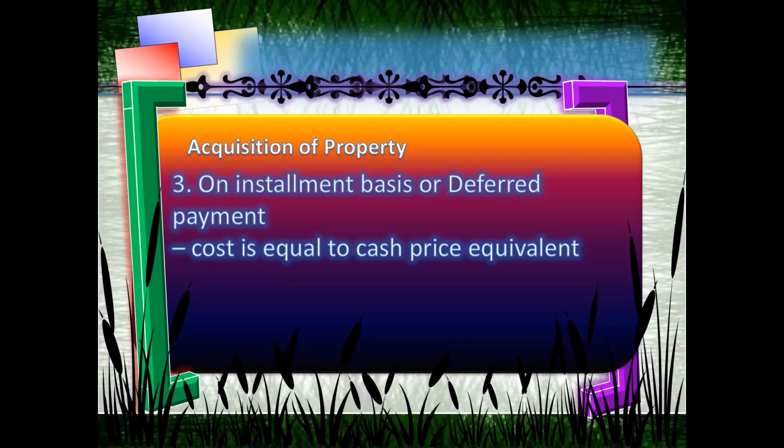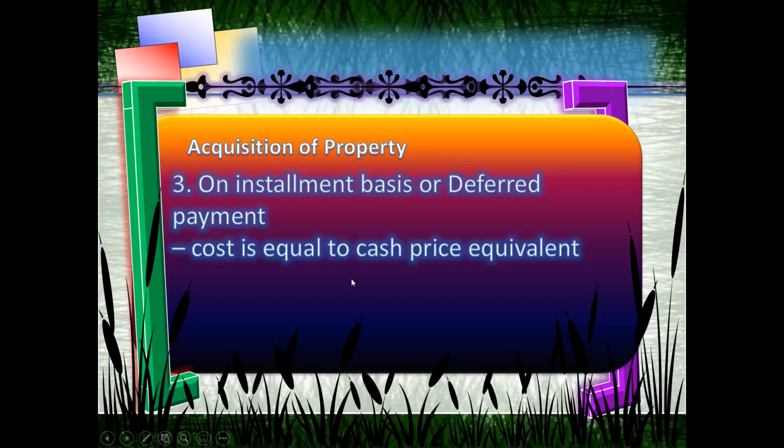Di ba class, pag installment, say for example, sa appliance center, iba yung presyo pag spot cash. Pag spot cash yan, most probably mas mura as compared to aabutin kapag in-installment mo pagbayad. So yung cash price equivalent, yung i-consider natin na cost kasi wala pa yung mga implied na interest, wala pa siyang patong na interest.